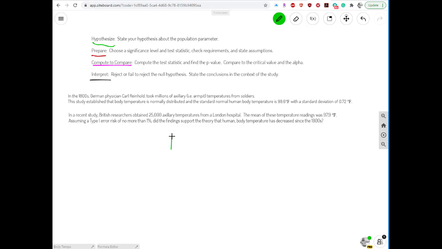So I want to write my null hypothesis and my alternate hypothesis, and this time we're working with means. So the population mean is always written with the symbol mu. So I've got mu, and it has been established that the normal human body temperature is 98.6 degrees Fahrenheit. That's what we believe it to be.